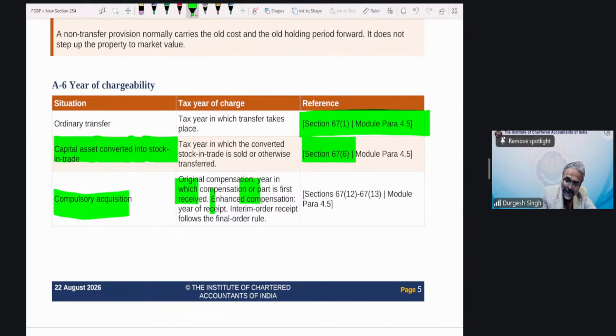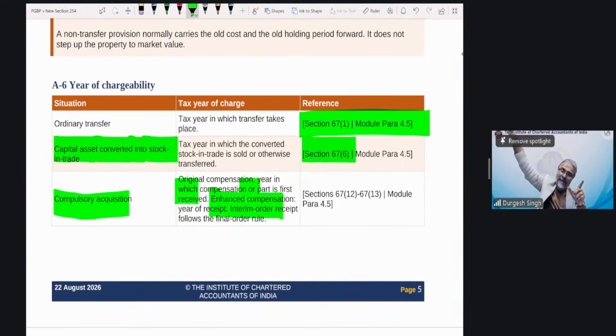Then, students, there is enhanced compensation that I already told you about. Supposing you are not satisfied with the compensation that you have received, you may have approached the court, and the court awards you an enhanced compensation. Obviously, that court award may have been declared many years later, and I have computed the capital gains originally in the year in which I received the compensation.